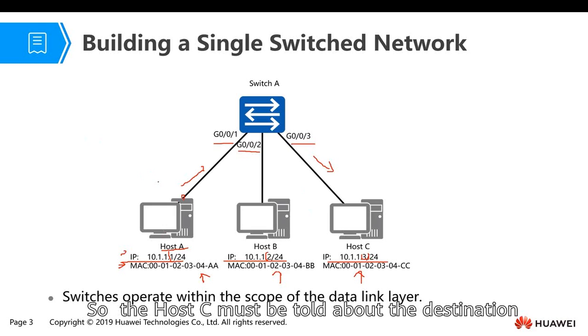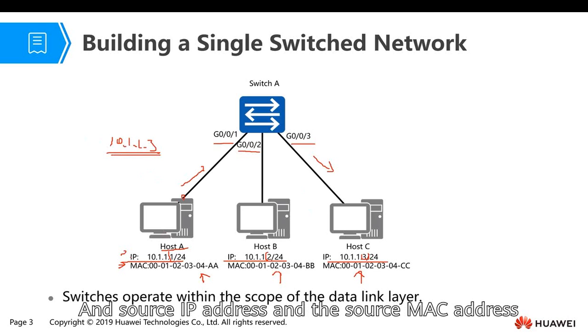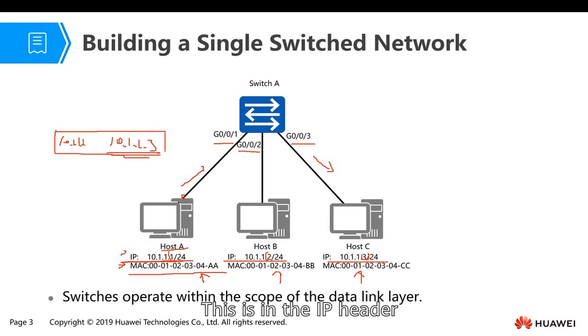So host A must be told the destination, 10.1.1.3, and the source IP address, 10.1.1.1. This is in the IP header.